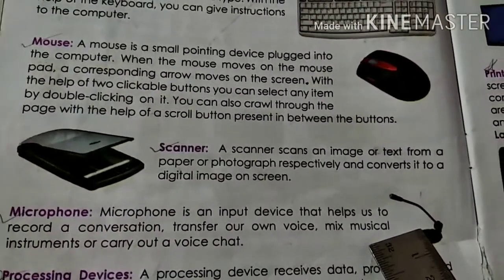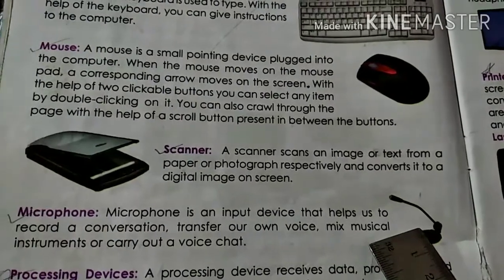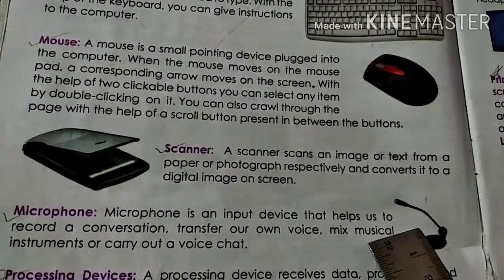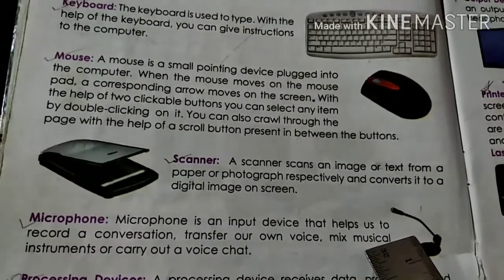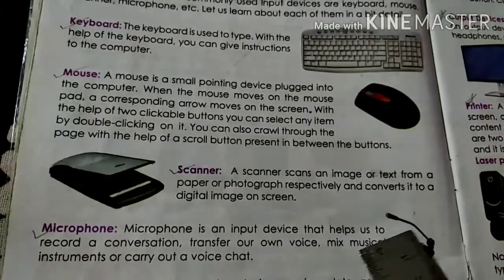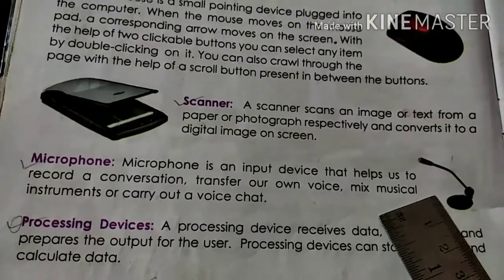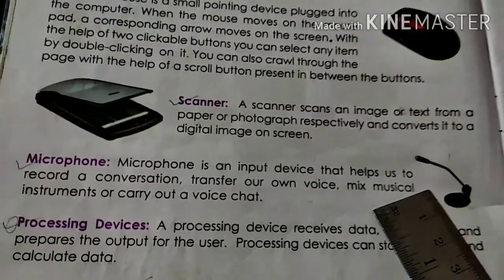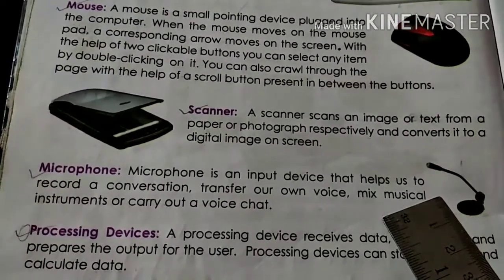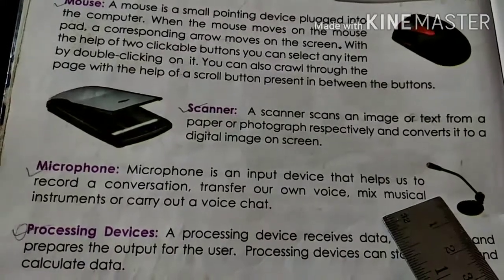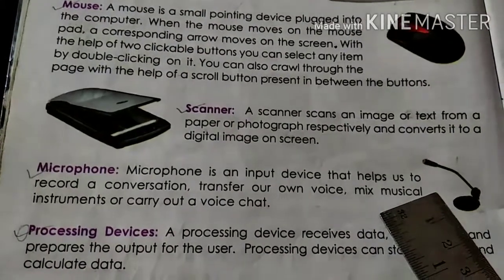It helps us to record a conversation, and it helps us to mix instruments of music. With the help of this microphone, students, you can give computer instructions orally also. It helps us to record our own voice also.